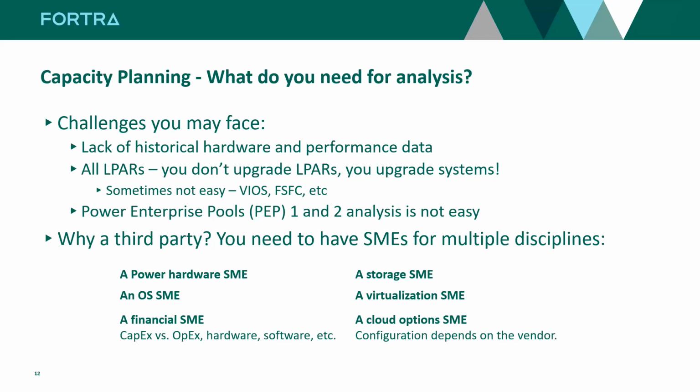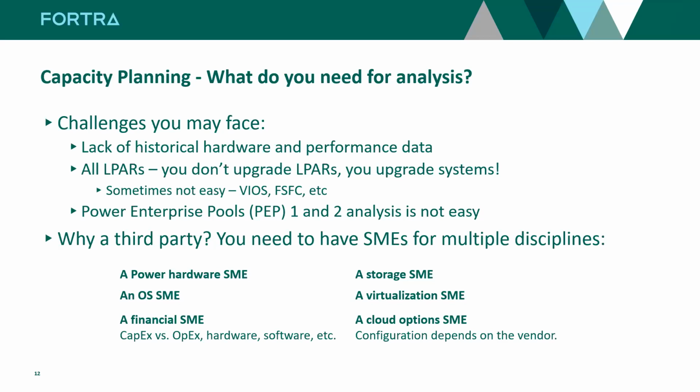The second challenge is many times people say, all I care about is production. Let's say a customer has 4 LPARs: a production, a QA, a test, and a file server. And they say, well, all they send us, or the analyst, is the production, because that's what they care about.